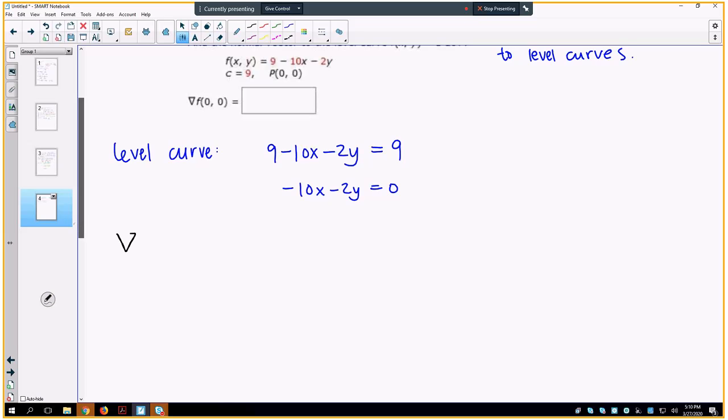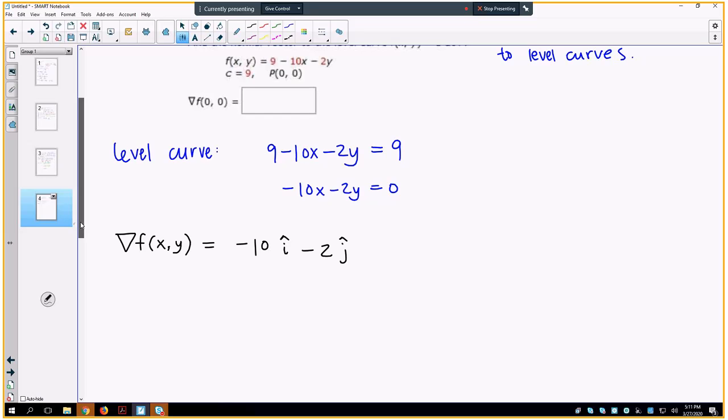The gradient of f is going to be the partial with respect to x, which is just minus 10 times i cap. And the partial with respect to y is minus 2 times j cap. So that is a normal vector to the level curve.